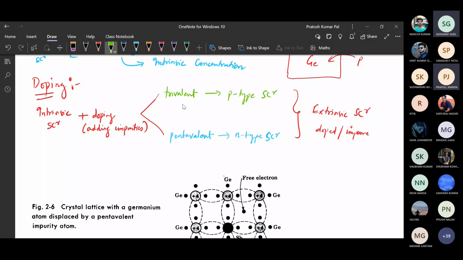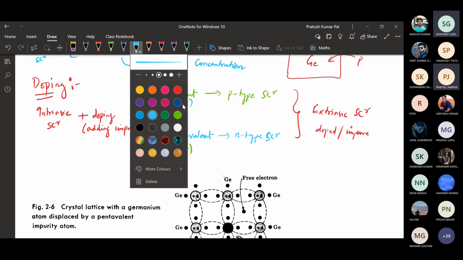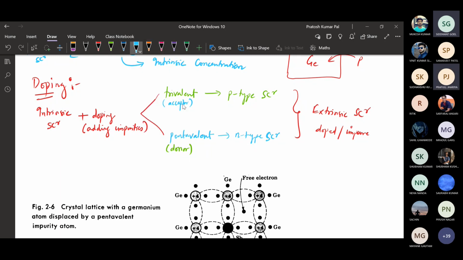So first of all, this pentavalent is called donor, and this trivalent is called acceptor. Okay, so we will start with the pentavalent type of doping, or we can call it donor impurities.